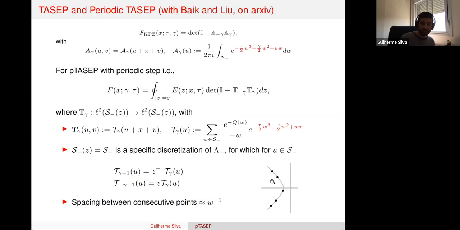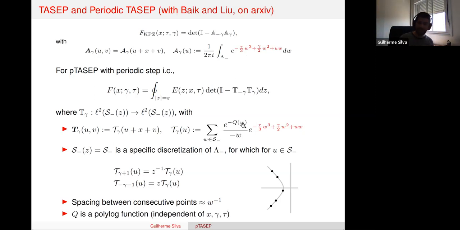So that's one thing. And the second is that this factor here, omega, 1 over omega, that appears is roughly the spacing between consecutive points. So you can really imagine that this factor here is a discretization of this integral. But we also have this Q, which is a polylog function.